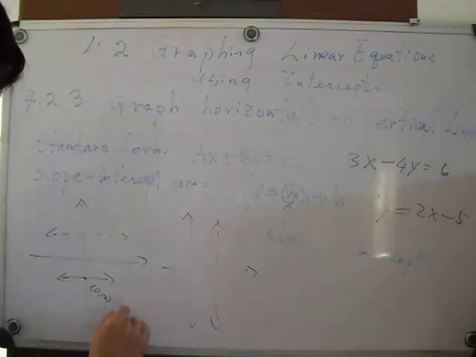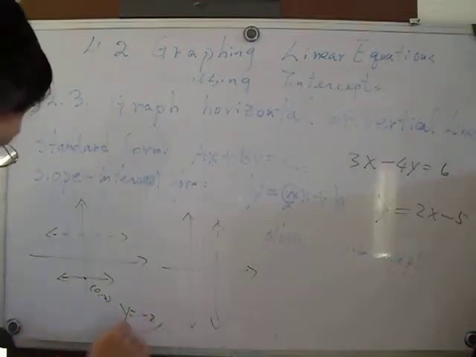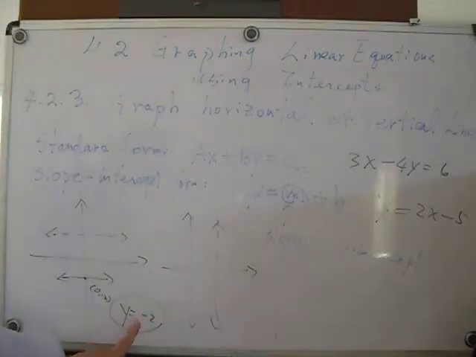The horizontal line will be y equals this y-intercept, -2. So once you see a line equation with no x component, only a y component, a single y equals a number, we call it a horizontal line. It's a very unique line.